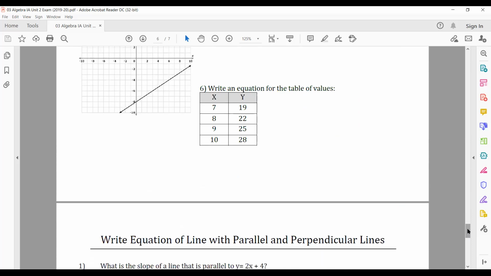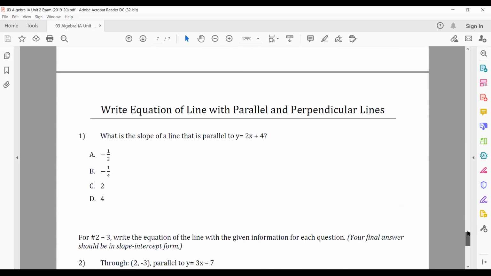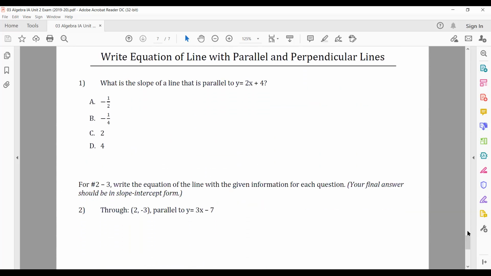Then you got one with a table, write an equation. We just did some of that today. Now, what do you do with these parallel and perpendicular ones? Okay, parallel. 2 lines on the graph going along the same direction, the same distance apart forever. Do they have the same slope? Yes. So you got the slope in one line. We're just going to borrow that. And so the answer is 2.